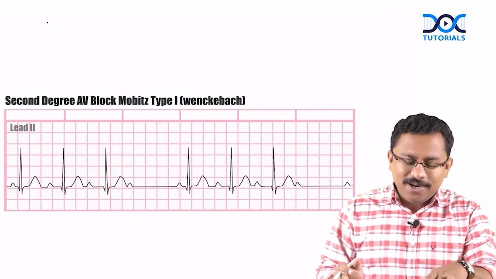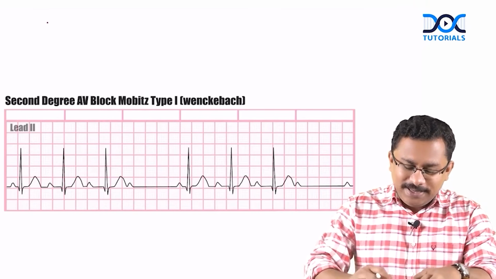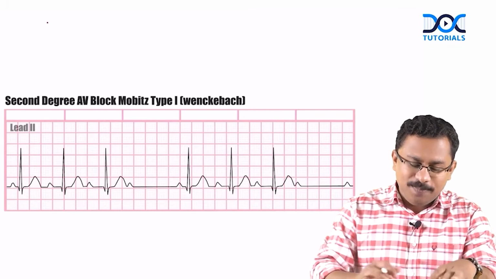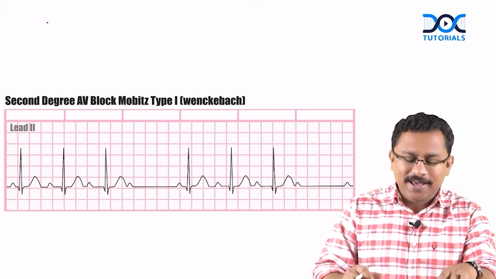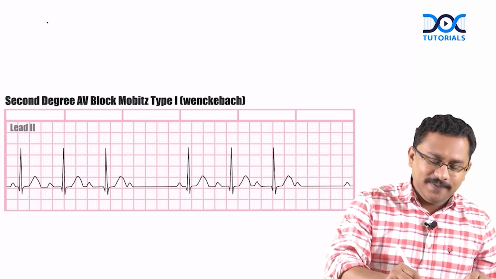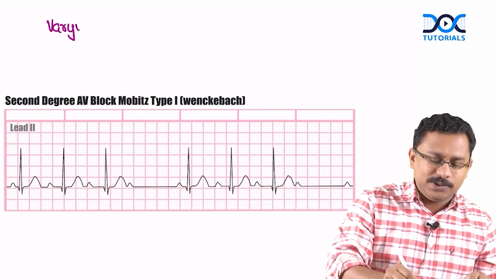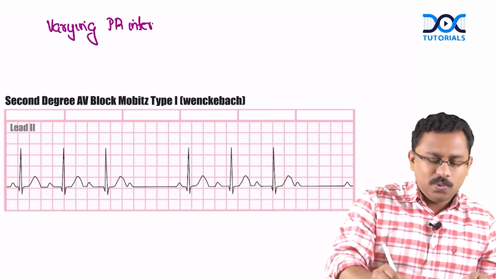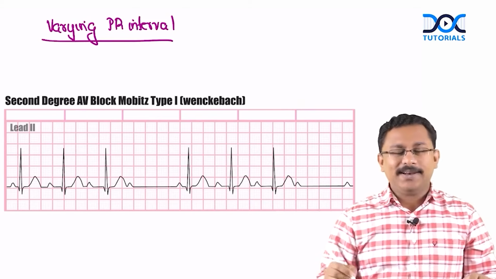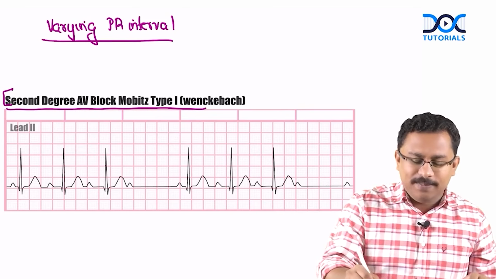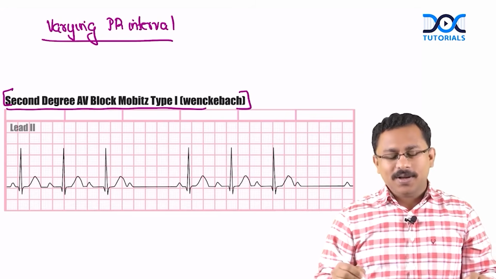So remember, we talked about abnormalities of PR interval: the long PR interval, the short PR interval, and what about conditions with varying PR interval? One classical example is a second degree AV block, that is Mobitz type 1 AV block.